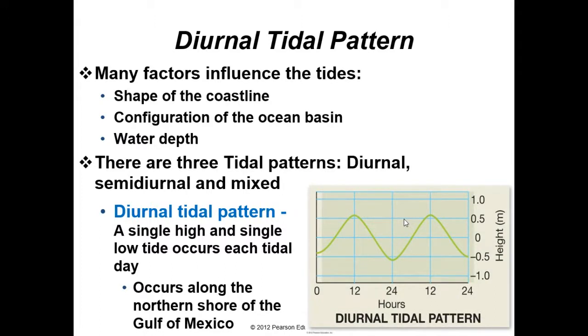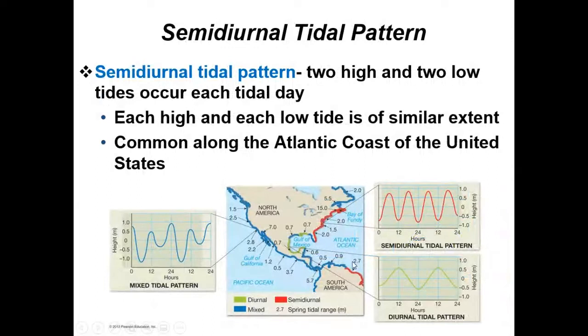This occurs along part of the Gulf of Mexico and the Mexican Yucatan coast as well. So, like I said, that's about the most basic tidal pattern you can get. Then there's the semi-diurnal tidal pattern, that's this red one here. This is where you have 2 high tides and 2 low tides each day, and the high tide and the low tide are of pretty much similar extent.